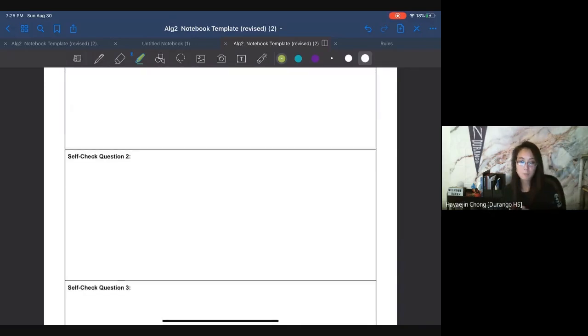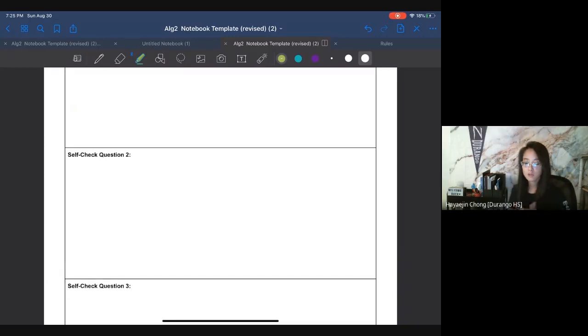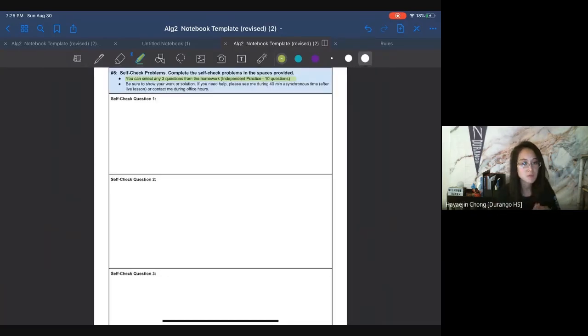After you complete the entire note, you take pictures, or if you have a scanner, that's fine, you can scan it. You will have like 6 to 7 pages, right? Upload that into your Google Drive, CSSD drive, and then go to Canvas and submit it. If you have a tough time submitting the notebook, please email me or see me during office hour or async time so I can explain.